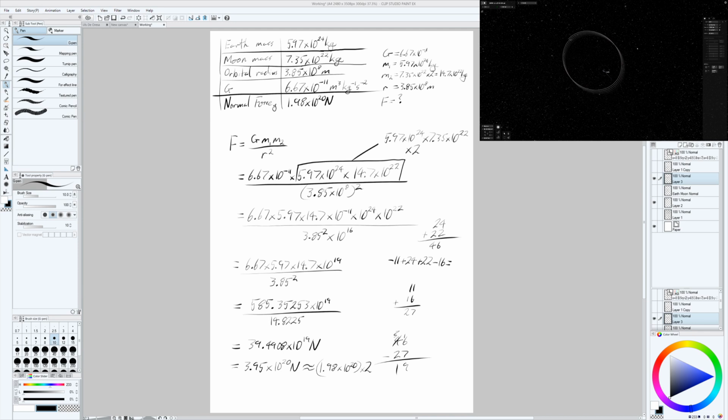So basically the idea with this is that you can actually represent this whole equation and get the answer just by using the initial force value and then any multiples of what you've got.